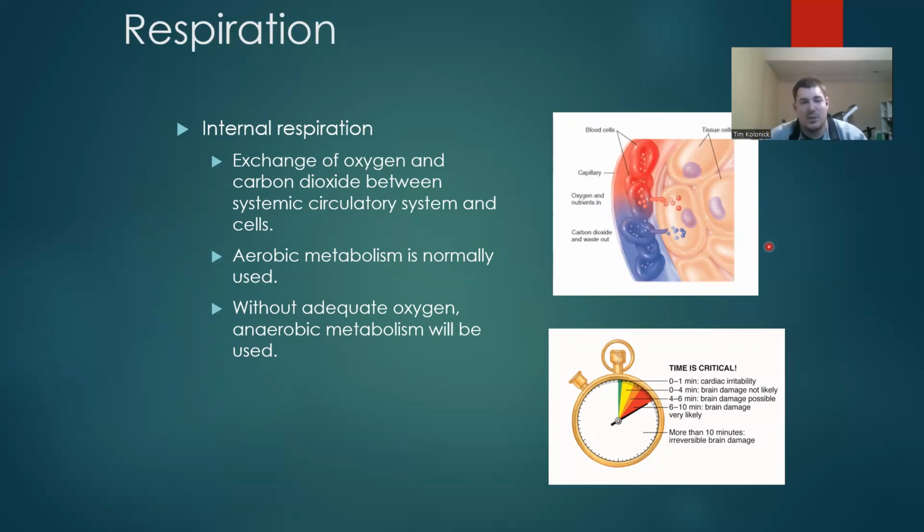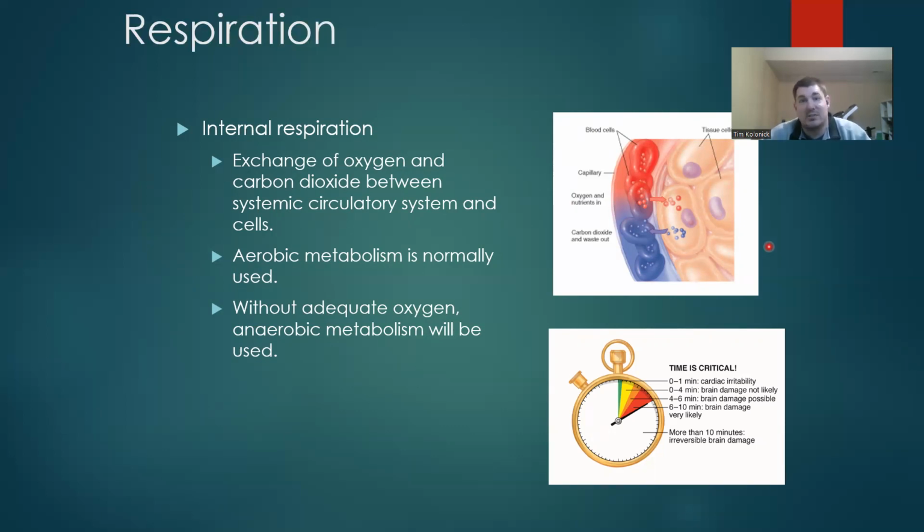There's more oxygen in the bloodstream than in the cells, so it crosses over there. And then there's more carbon dioxide in cells, so it crosses back to the bloodstream. Okay? And this is generally done with aerobic metabolism, meaning there's adequate oxygen for this to happen. The cells need energy. Okay? If there's adequate oxygen, this happens relatively easy.